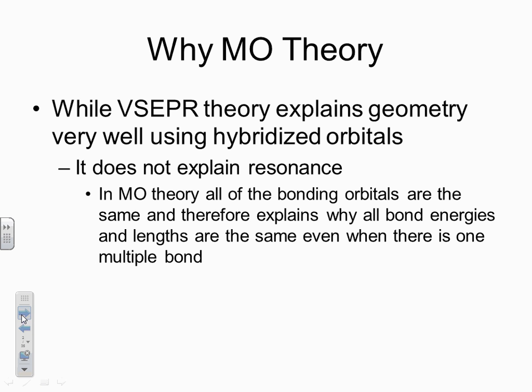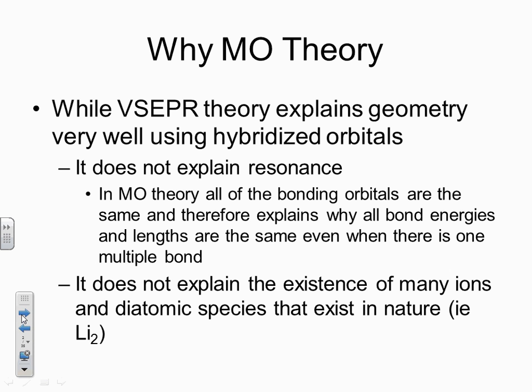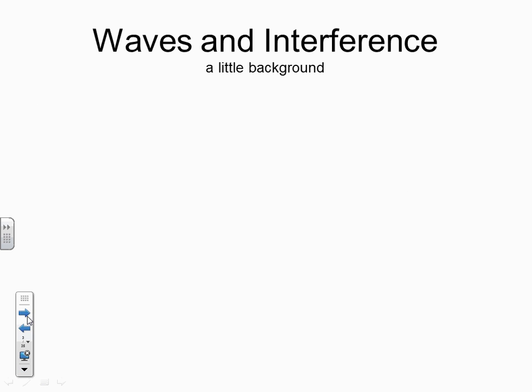And molecular orbital theory explains well the existence, now it is a rare existence, but the existence of some ions in the diatomic state, like diatomic lithium. You probably haven't heard of that before, and it does exist. It is rare, but molecular orbital theory can explain why that does happen.